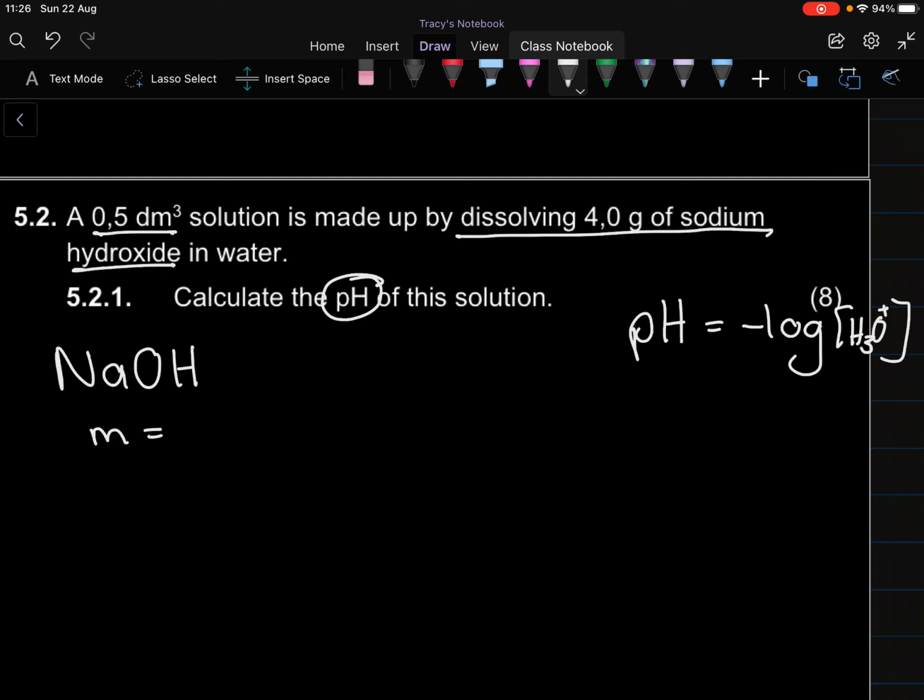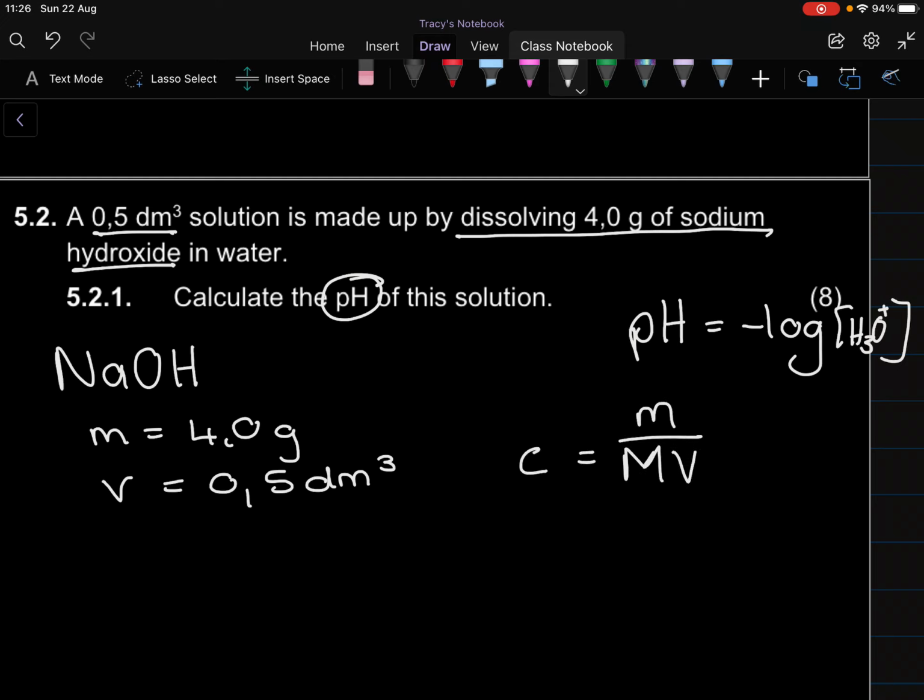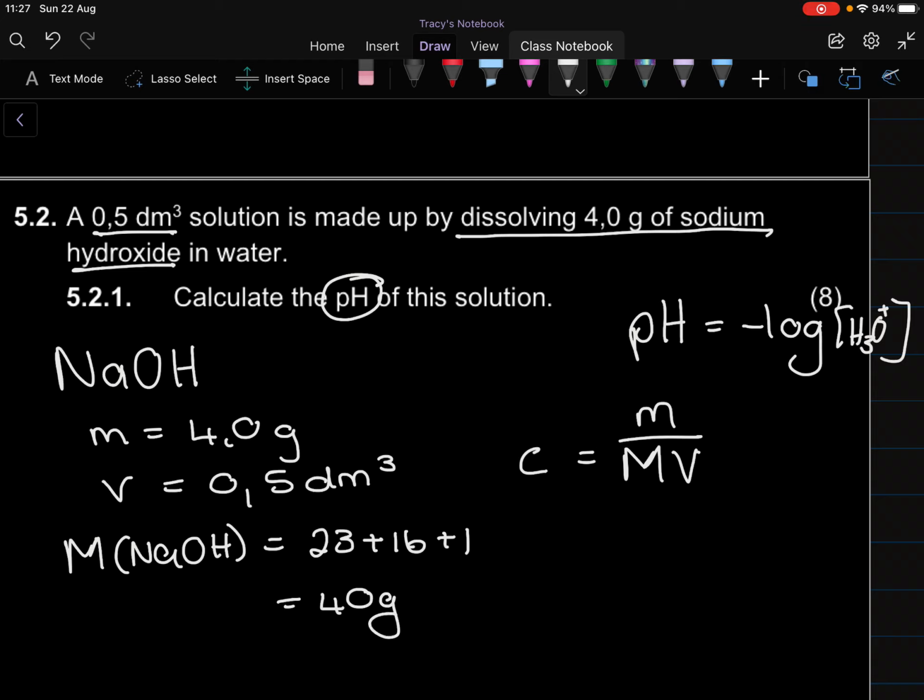Well, I know the mass is 4 grams. I know the volume is half a decimeter cubed. I want the concentration, which is mass over molar mass times volume. So I'm going to need to know the molar mass of sodium hydroxide, which is 23 for sodium, plus 16 for oxygen, plus 1, 40 grams per mole.